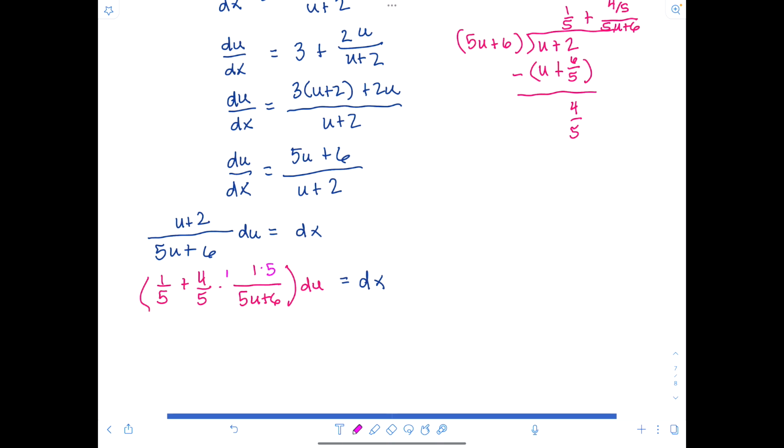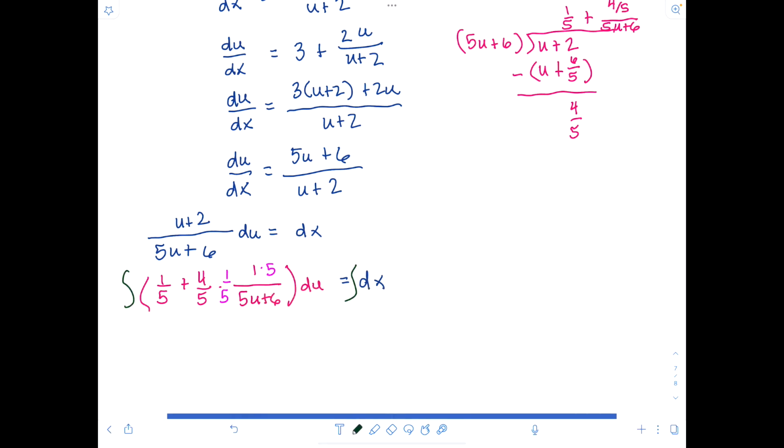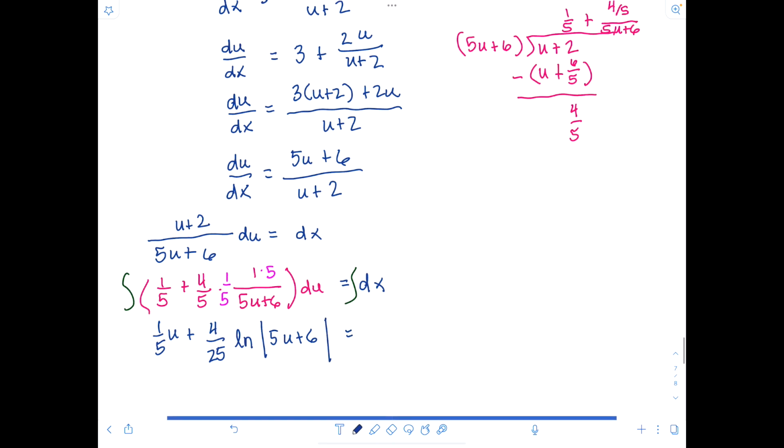Because of the 5u plus 6 denominator, I'm going to multiply by 1/5, and then integrating both sides, we will have 1/5 u plus 4/25 natural log absolute 5u plus 6 equals x plus c.